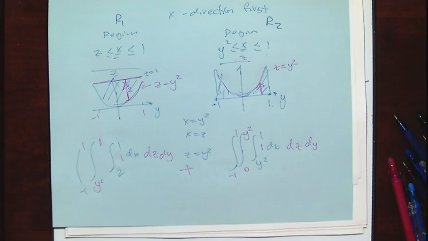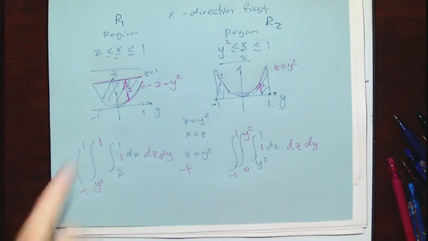Before rotation, blue is the cylinder, and then the red is a plane. Now let's look at this.